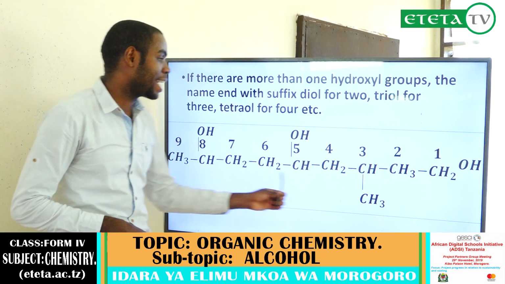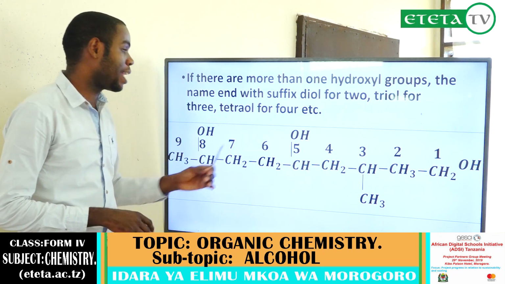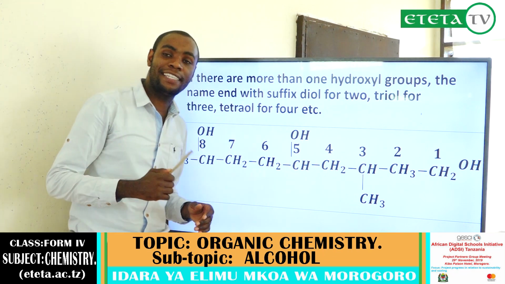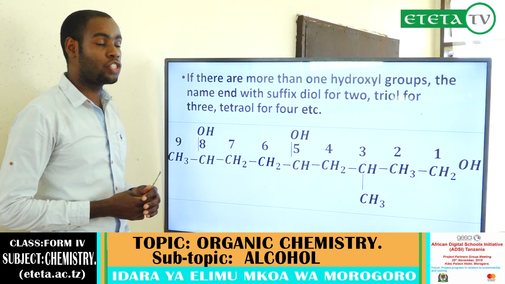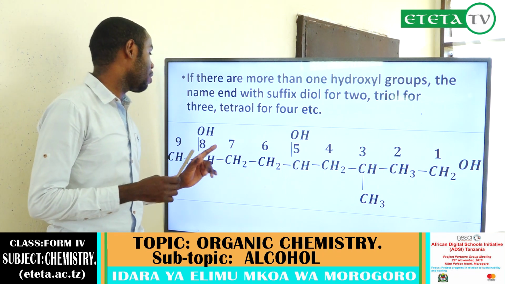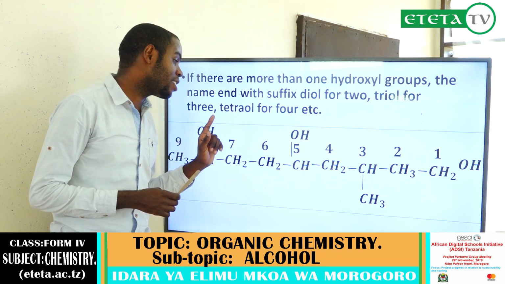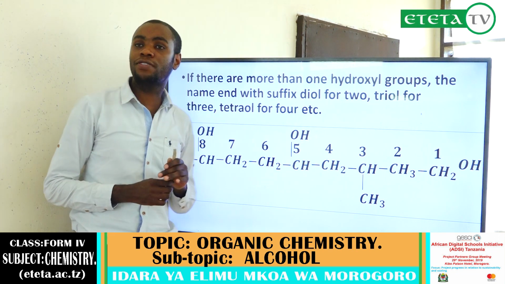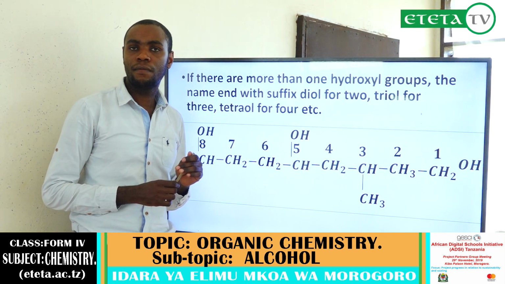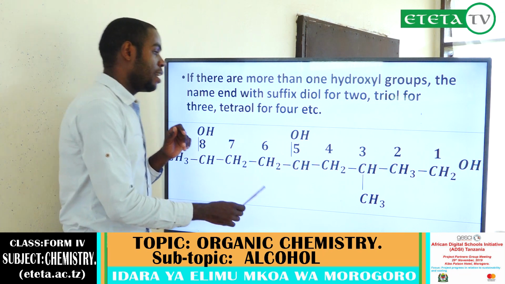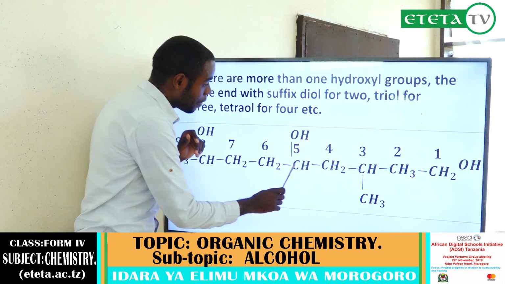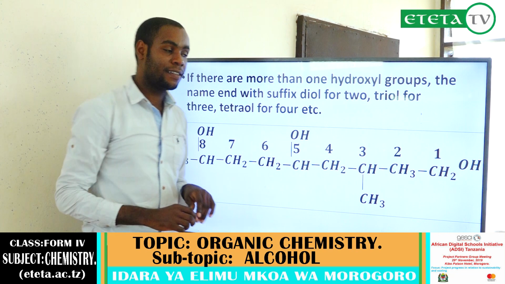For example, you want to name a compound like this one. The first thing is to identify the longest chain, and the longest chain must include the hydroxyl group. So for that case, it will be 1, 2, 3, 4, 5, 6, 7, 8, 9.